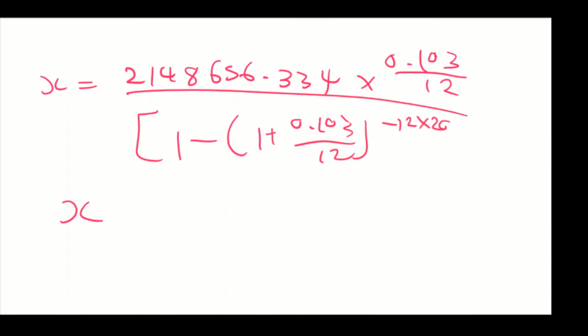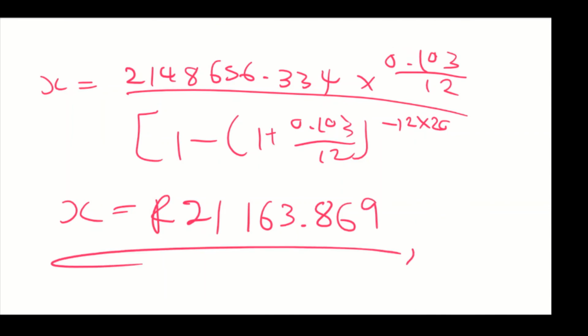So your x value, which is your installments, would be 21,163.869. So these are the installments that he is going to make.